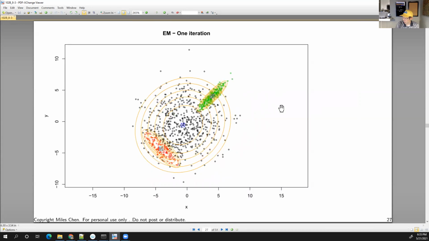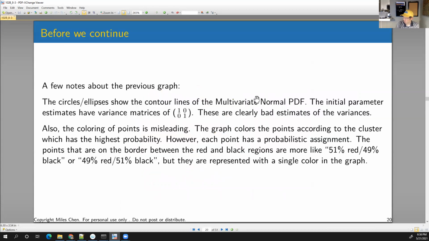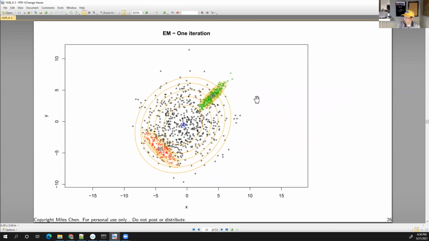And after more iterations, if I scroll through this, it forms a nice little animation of what's happening. And so at the end, these are the final clusters that result.